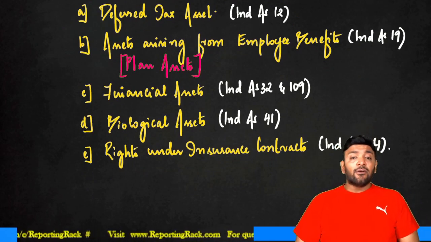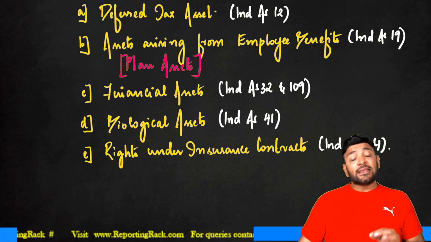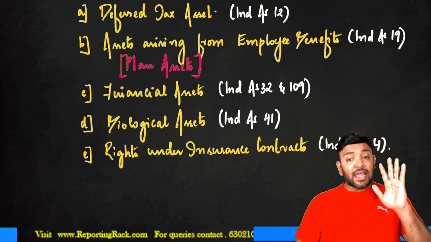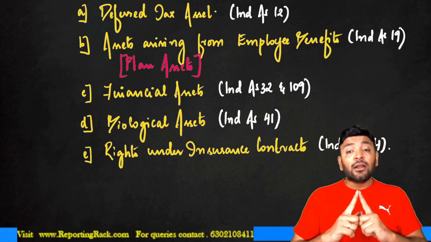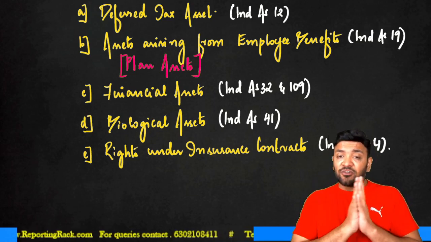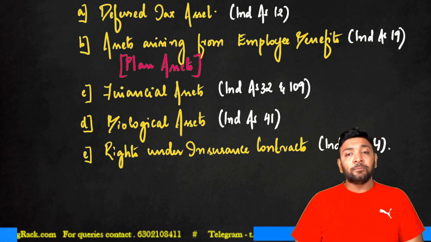So guys, whenever I am talking about these standards or these assets, they are essentially non-current. I am not saying that they are not non-current assets. They are non-current assets, but however, they should not be included within the scope of Ind AS 105. They fall outside the scope of Ind AS 105.